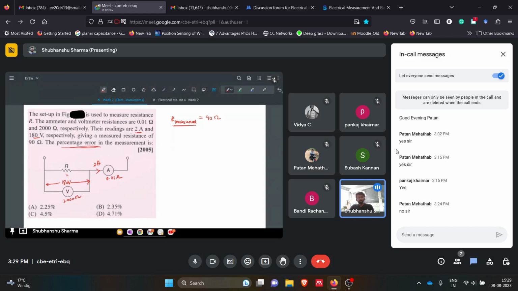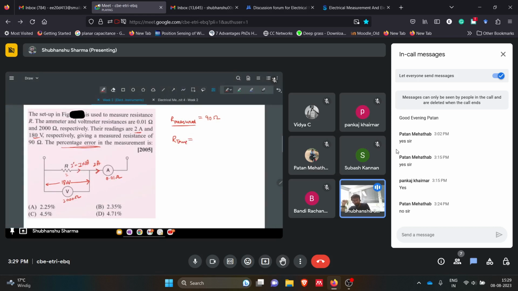If you see the figure correctly, what is happening? This is having R resistance, so the current here will not be equal to 2 ampere. If we find R true, let's say this current we name as I prime.